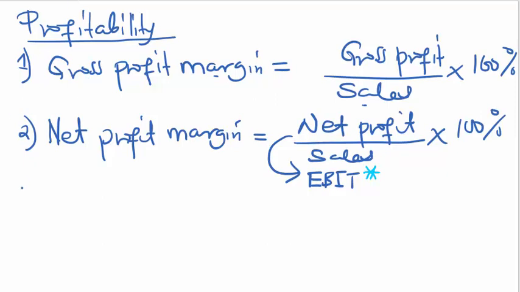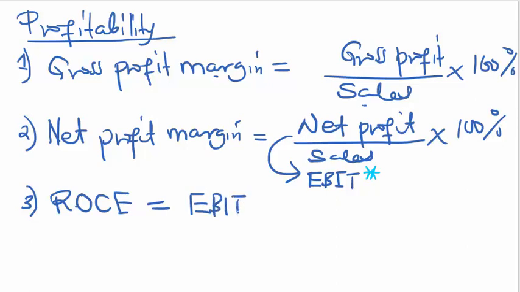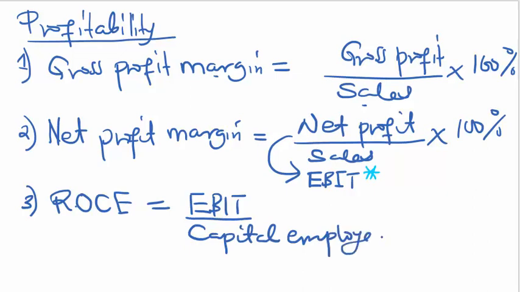The third profitability ratio that we can consider is what's called return on capital employed, or ROCE for short. Return on capital employed is calculated as earnings before interest and taxes over the capital employed, and this ratio is also multiplied by 100.